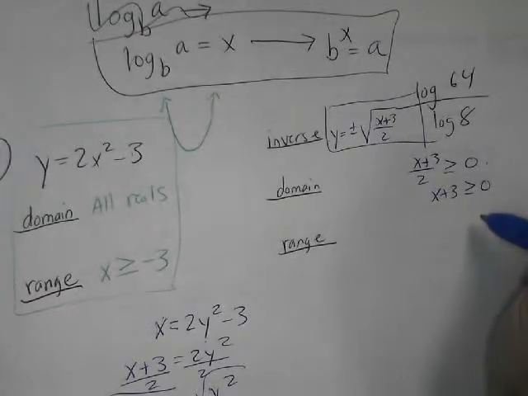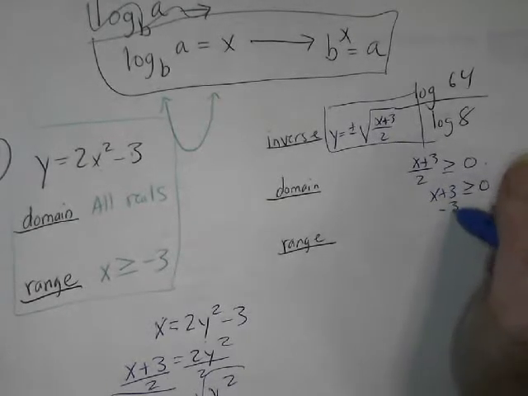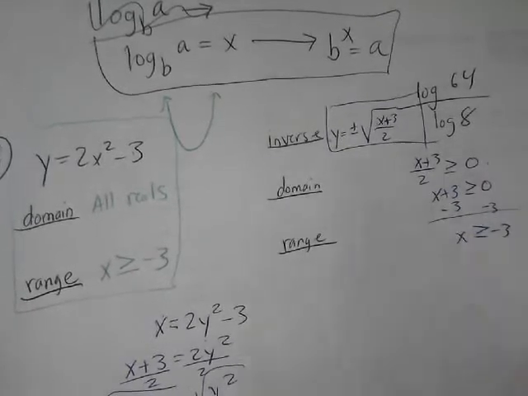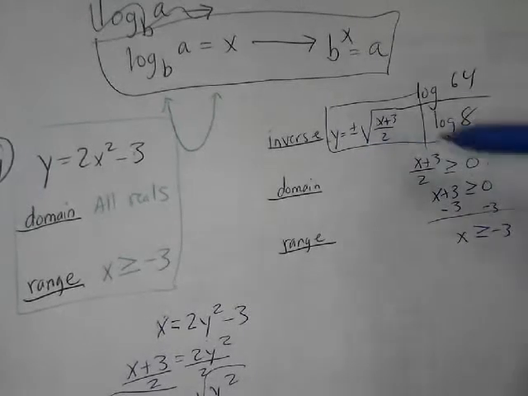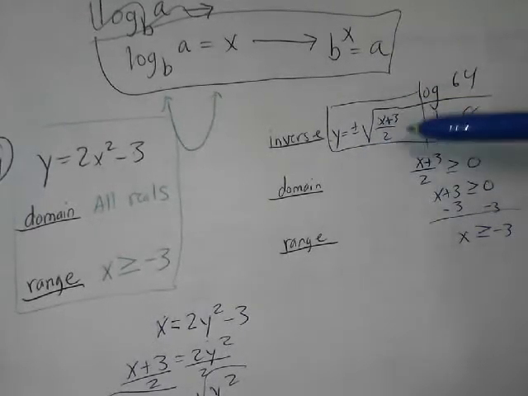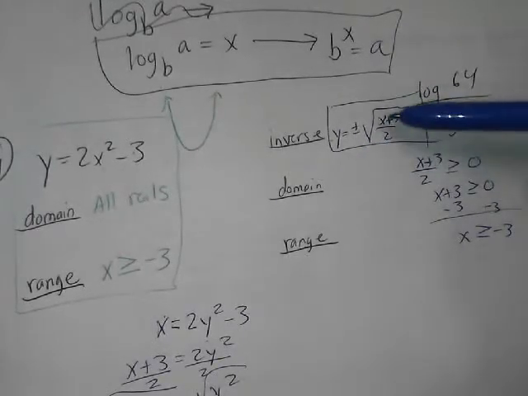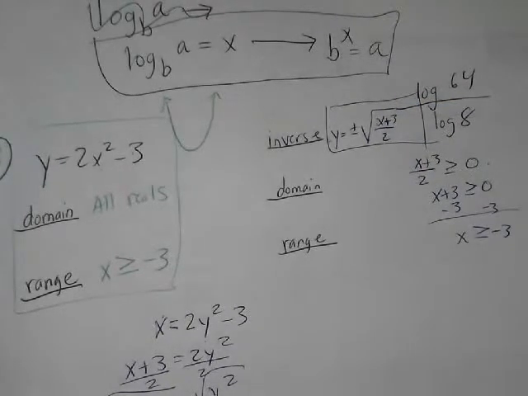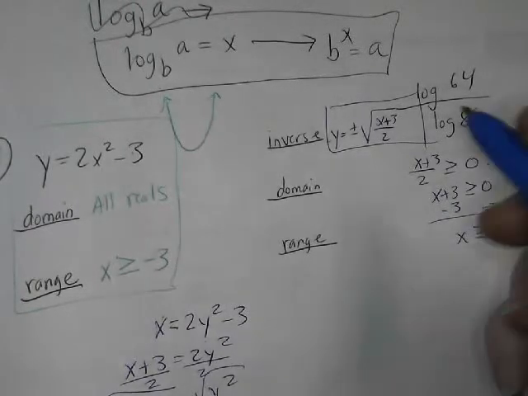And then if I subtract 3 from both sides, you get x is greater than or equal to negative 3. Yeah, and that makes sense, doesn't it? Because if x was exactly negative 3, I'd have a 0 in there. So x has to be greater than or equal to negative 3. So I think that's all we have to do for a domain. Let me check that. Yeah, x is greater than or equal to negative 3.